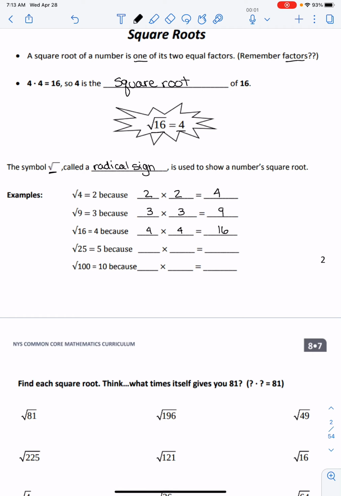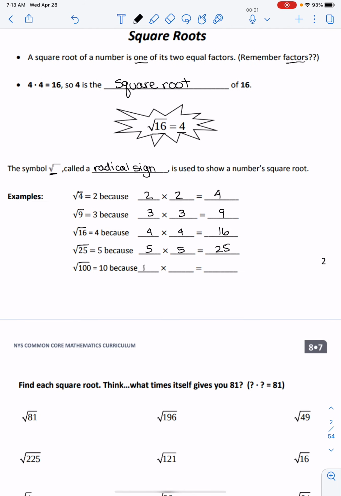And I don't know why this came out like this, but these should be going over like this. So I'm going to fix these like that. And the square root of 25 is 5 because 5 times 5 is 25. And the square root of 100 is 10 because 10 times 10 is 100.